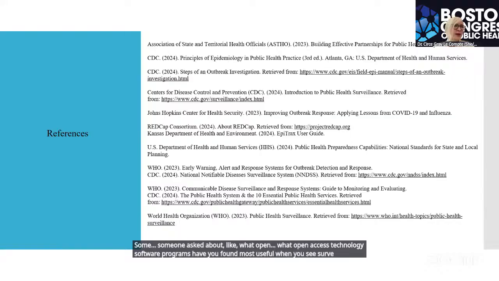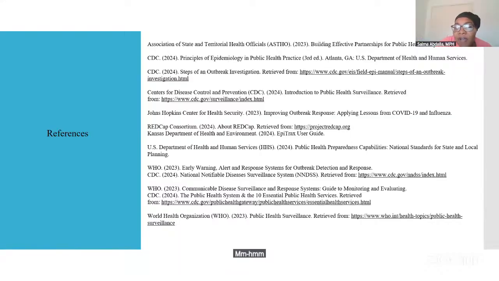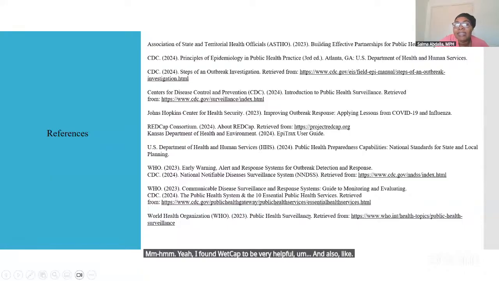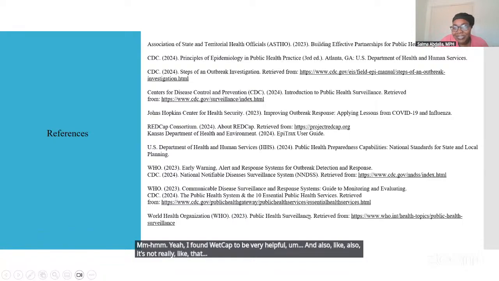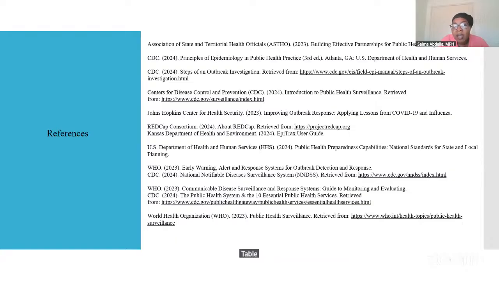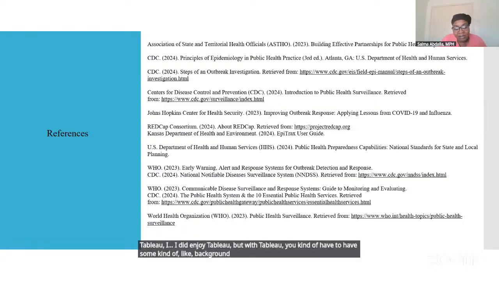You mentioned REDCap. Yes, I found REDCap to be very helpful. You don't really have to be into tech or numbers to utilize it. Tableau, I did enjoy, but with Tableau you kind of have to have some background in visualizations. I would say REDCap is helpful.